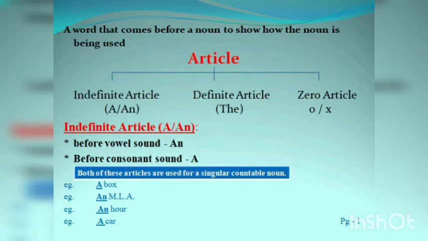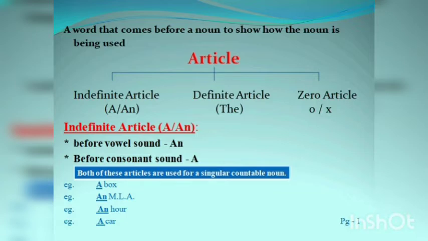The noun before which we use it must be singular countable, like a book, an Emily, an hour, and a car. Book is a word which starts with a consonant sound, so we should use a before it, a book. Next example, an Emily.